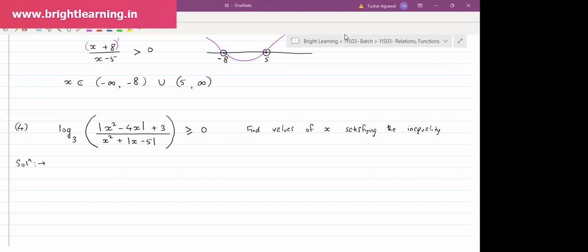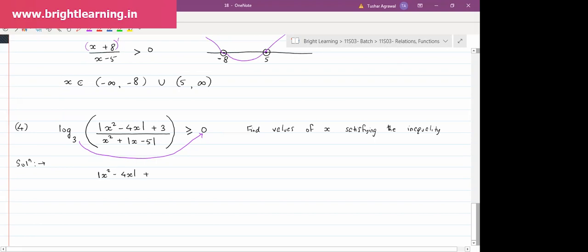Okay, see. First, log of some expression to the base 3 greater than or equal to 0. I hope you remember this inequality from the log chapter. We take log of y to the base 3 greater than or equal to 0. So that expression, whatever it is there, modulus of x square minus 4x plus 3 upon x square plus modulus of x minus 5, should now be greater than or equal to the base raised to 0.